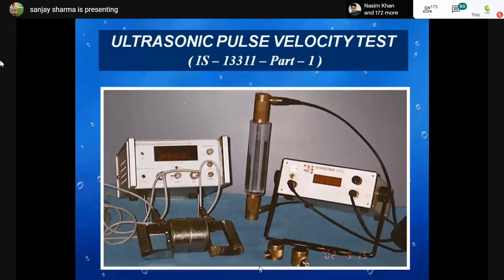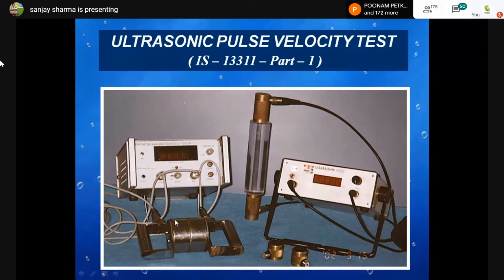This is the ultrasonic pulse velocity test, another very commonly used test in our constructions. Even though the older version is shown, nowadays a new version has come, and many of the things are combined into one instrument when you purchase an ultrasonic pulse test set. These are the components, the probes.